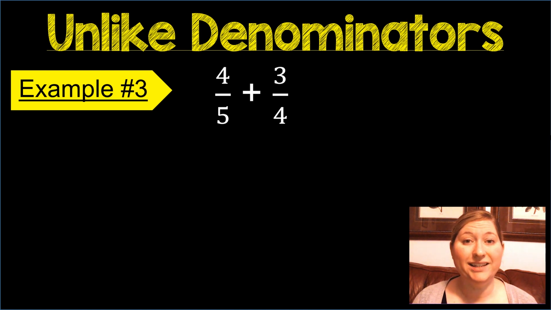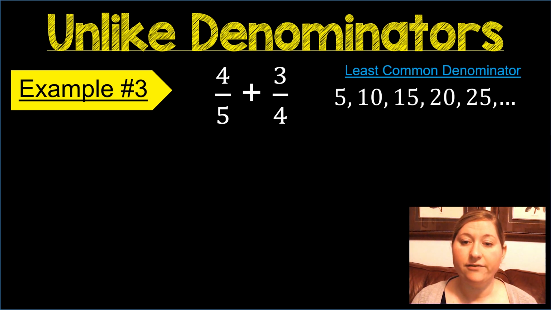Now I have unlike denominators. 4 over 5 plus 3 over 4. So my denominators are 5 and 4. We're going to look at the least common denominator for this example. I'm going to start with 5, and I'm going to write out some multiples. 5, 10, 15, 20, 25, and it keeps going on, but I'm just going to stop after I do 5 or 6 of them.